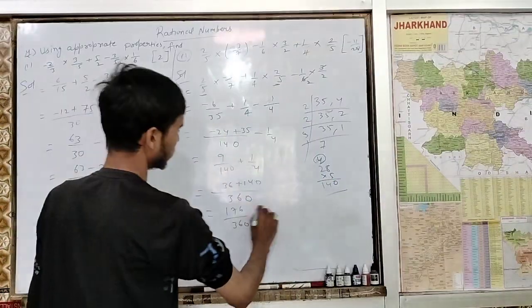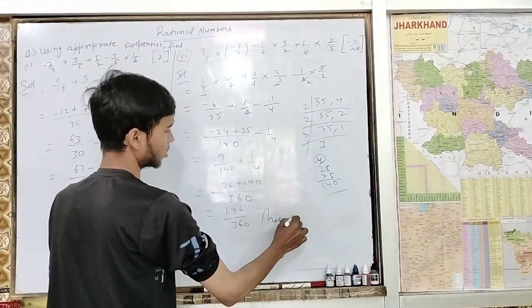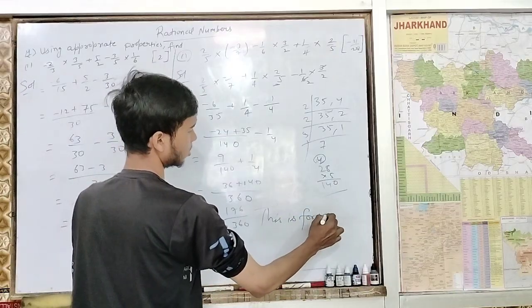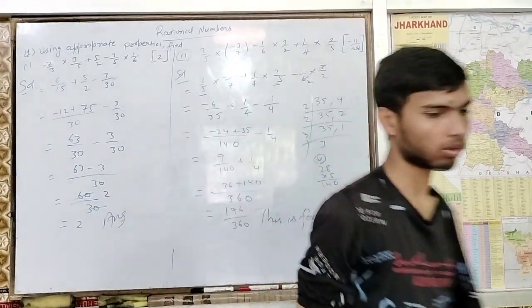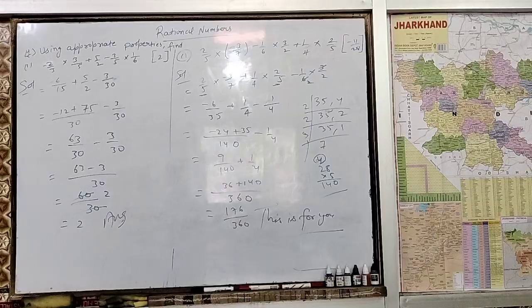This is for you. Okay, this is for you. Somehow you will have to get this answer. Minus 11 upon 28.